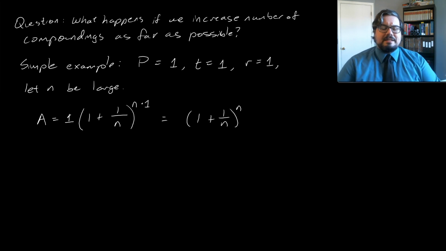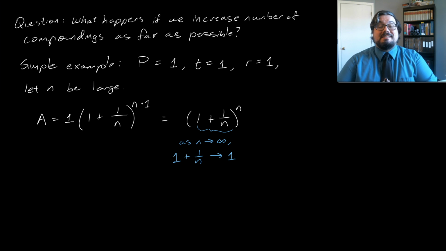And we can start to see, if we look at this, why this question arises. As n gets big, as n goes towards infinity, this 1 plus 1 over n expression actually goes to 1. And that's because the 1 over n piece is going to go to 0.